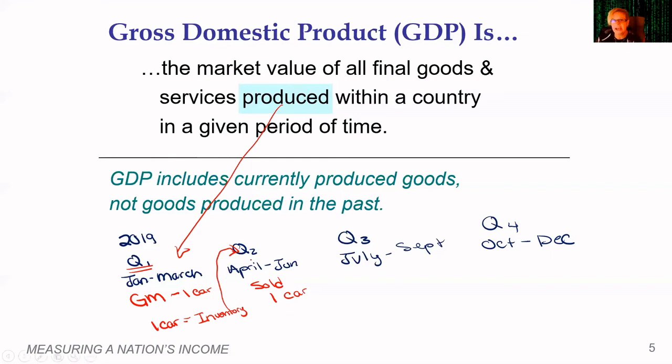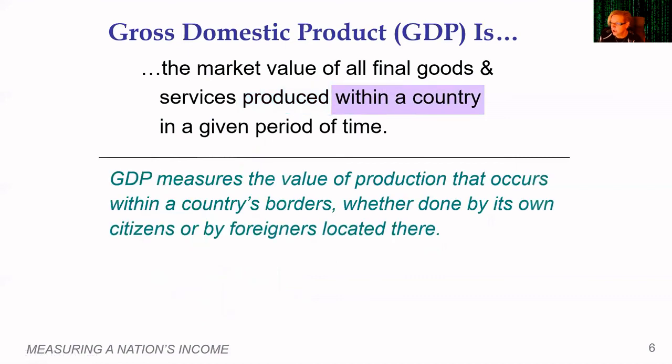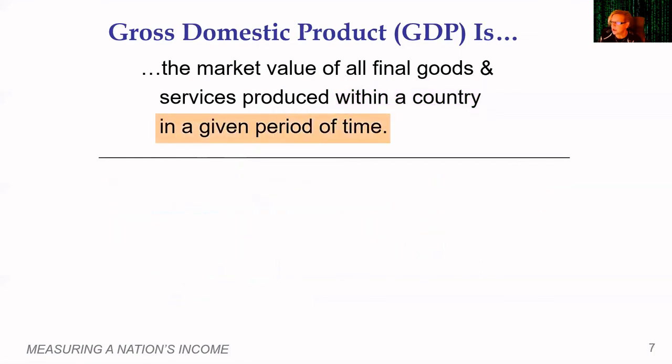A lot of people think it has to be sold. No, it has to be produced, not necessarily sold. So it would be included in 2019's quarter one production. Again, within a country, anything that's produced within the borders becomes part of that country's GDP, and in a given period of time.